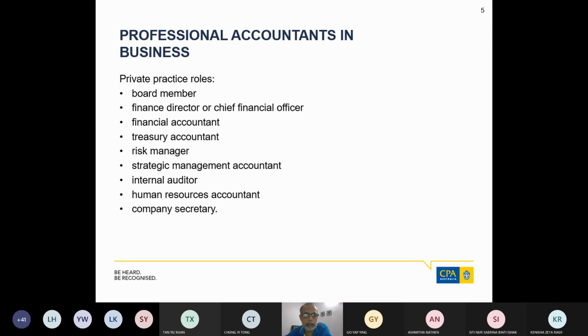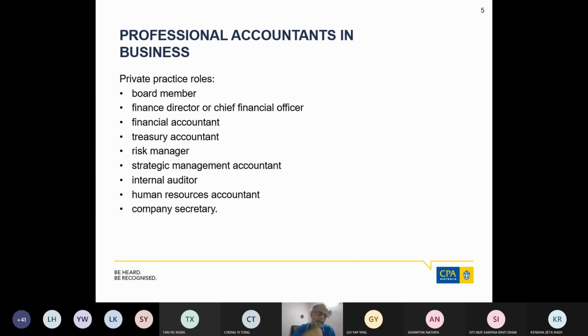Examples of PAIB include acting as a board member of a company, board of directors, or you could be finance director or CFO, or a financial accountant, treasury accountant, risk manager, strategic management accountant, internal auditor, HR accountant, or company secretary.